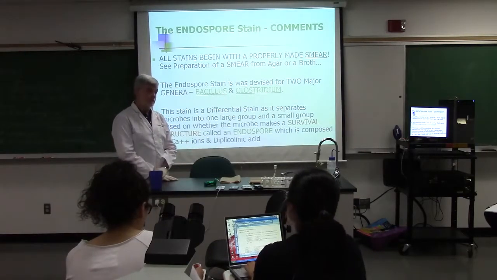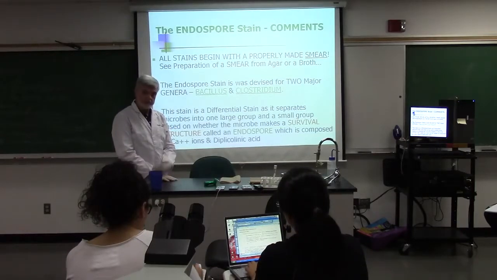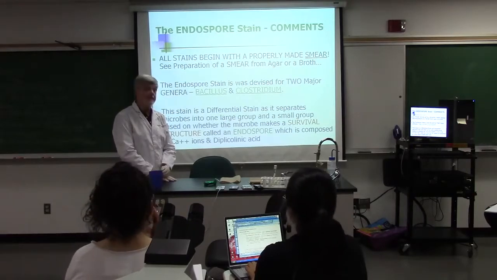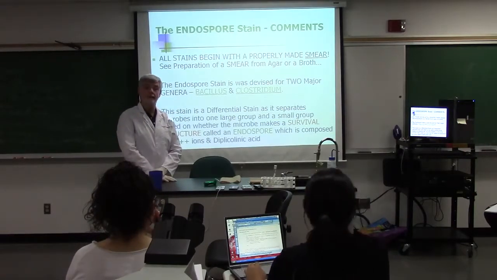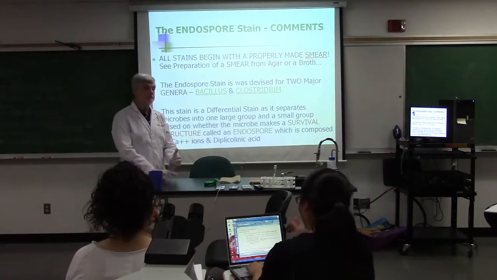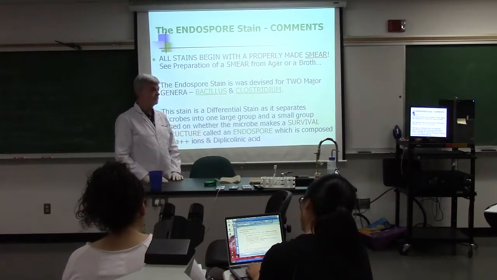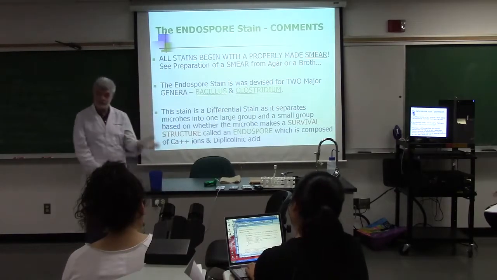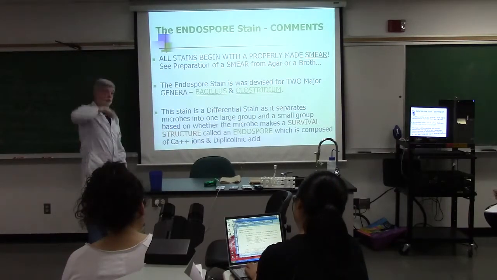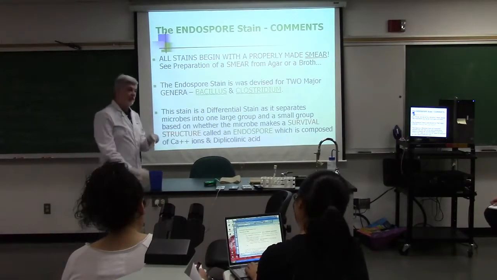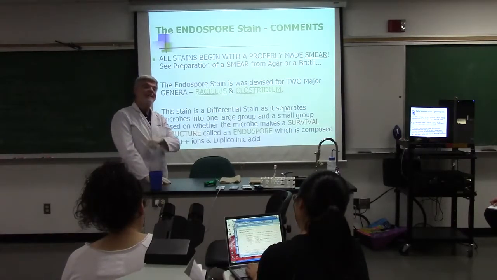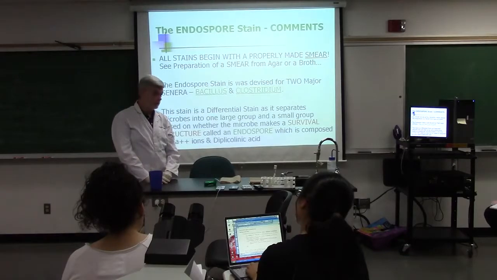What's left is the survival structure, the endospore, that will just sit there in stasis. Like suspended animation, there is no metabolic activity going on in an endospore. It's sitting and waiting until germination is optimal. The right temperature, the right wetness, the right amount of food is around, and then they will germinate. And one cell will make one endospore that will germinate into one cell. So it's not reproduction.